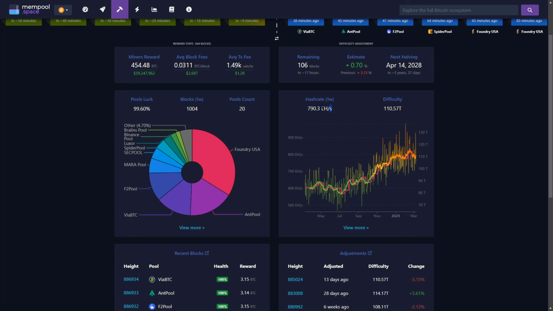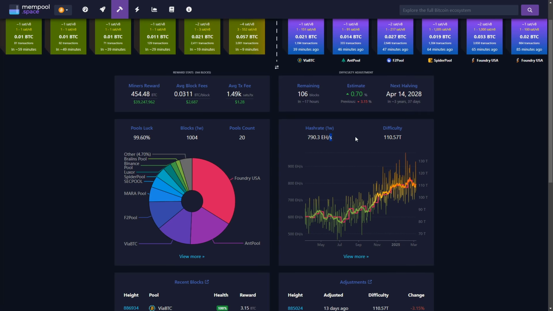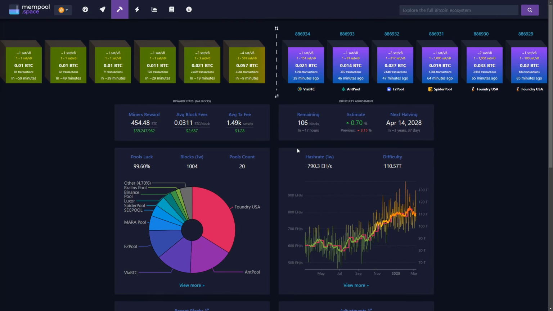So an exahash is a quintillion computations. So basically there's 790 quadrillion computations happening every second trying to guess what the hash is for the next block.